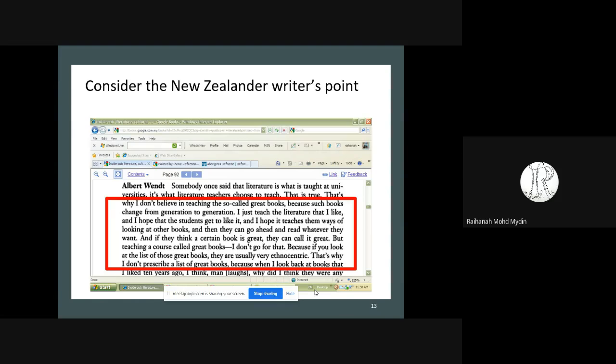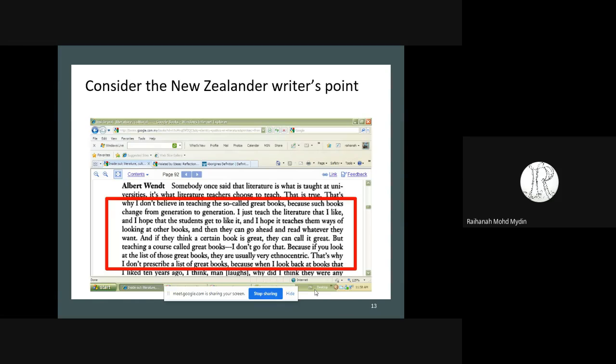Okay, so I like this idea because I'm very much from this school of thought. There isn't a school of thought called Wendt's School of Thought, unfortunately, because I would definitely be a member. But the idea is that we teachers of literature teach what we like. The list that you have for this course, for instance, these are books that I like, in the sense that I feel there is value in them, and I hope you will come to see the value in them as well.